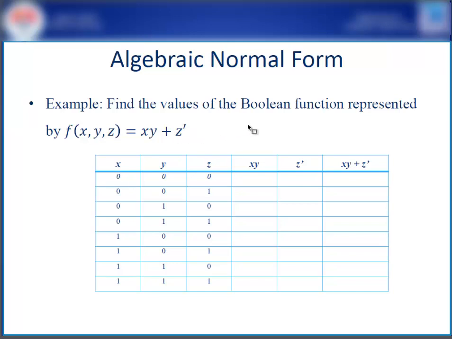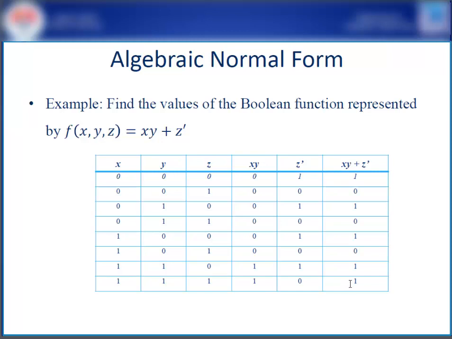The corresponding truth table representation of the Boolean function can be calculated as follows. Here we have x multiplied by y. If x and y are zeros, here we are going to have 0. So z prime is going to be equal to 1. 0 plus 1 will result in 1. Using the same logic, we can calculate all the other terms.